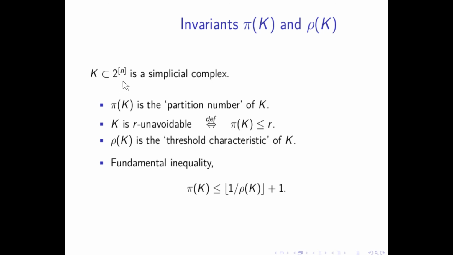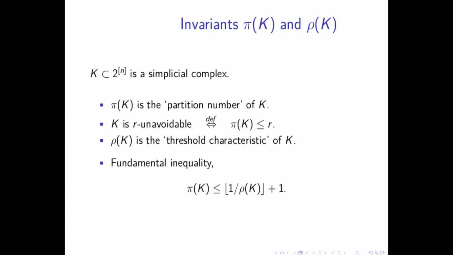Here is a simplicial complex. We introduce two invariants, partition number and the threshold characteristic. If you are familiar with r-unavoidable objects, which were introduced by Blagojevich, Frick, and Ziegler in this very important paper in the Bulletin of the London Mathematical Society, partition number is really directly related to this r-unavoidable.